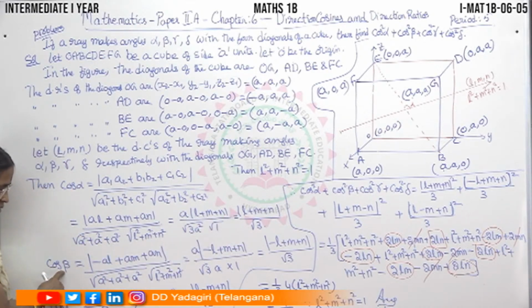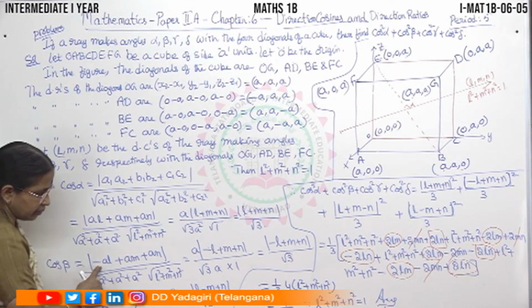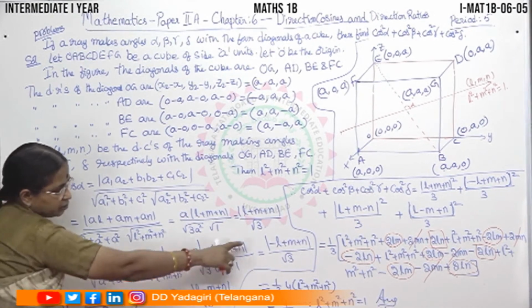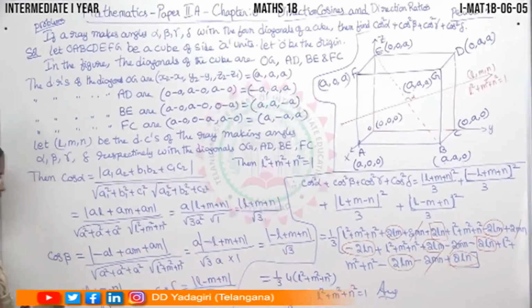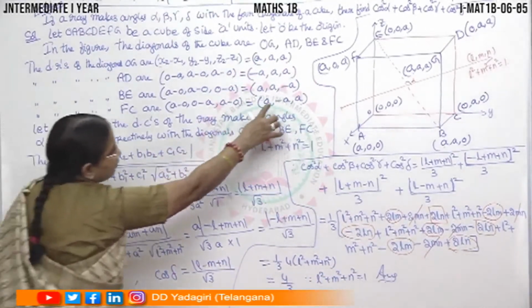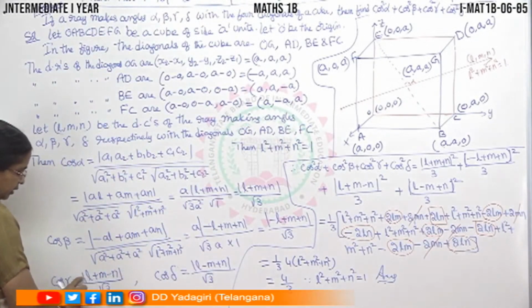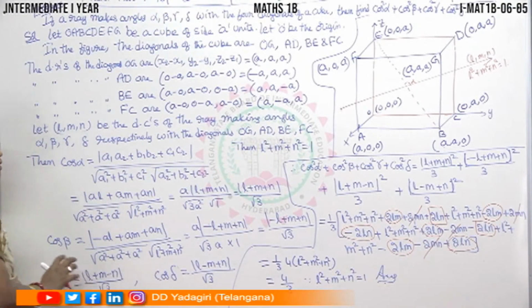Now in the same way, cos beta. For cos beta here you'll have minus, so minus l, a gets cancelled. So you'll have it like that. Similarly for cos gamma and cos delta, whatever is the negative sign here, that will be negative in cos gamma and cos delta. Like that.